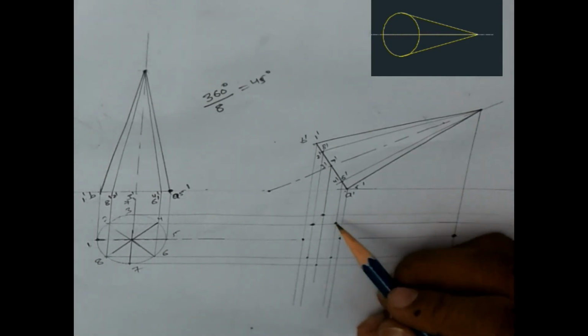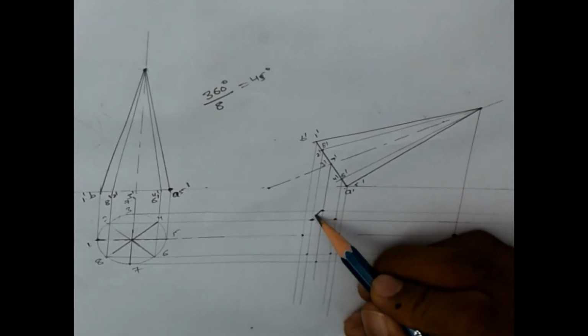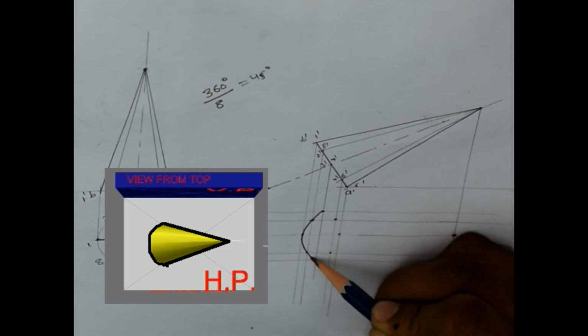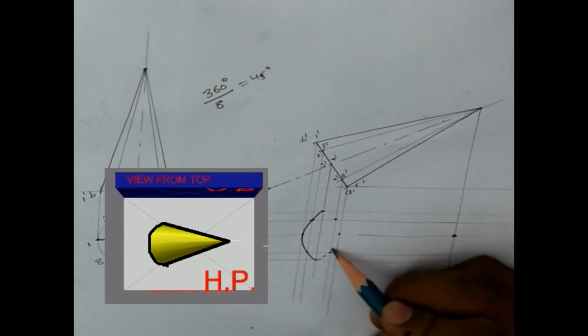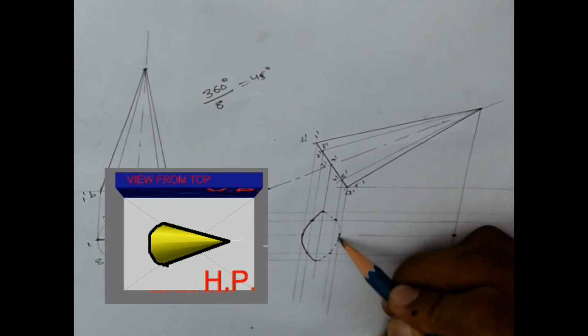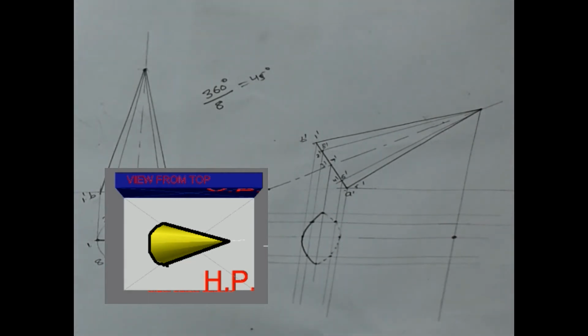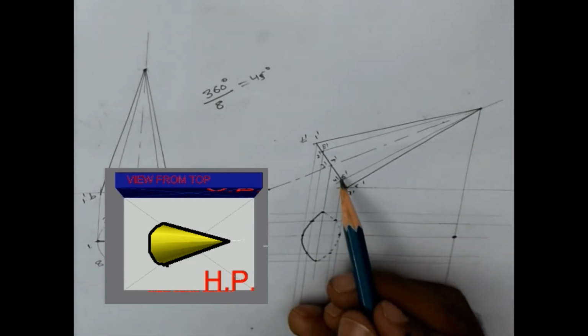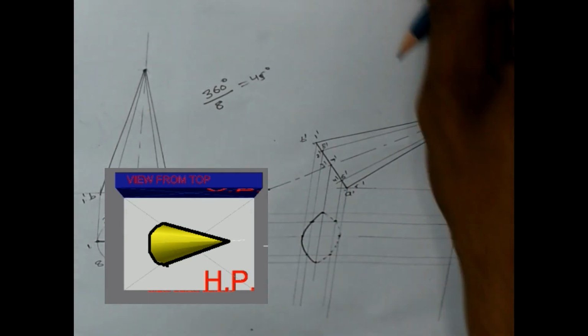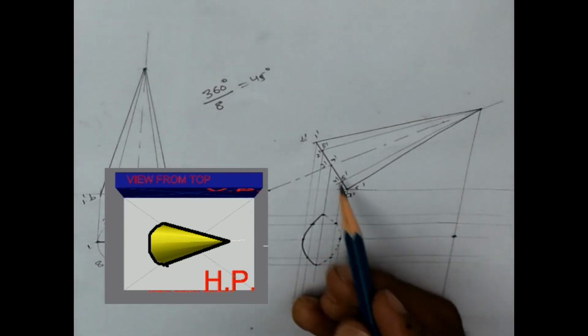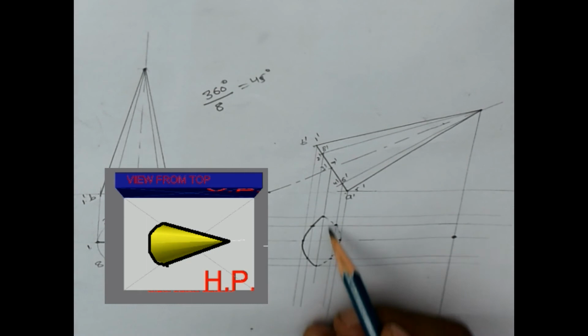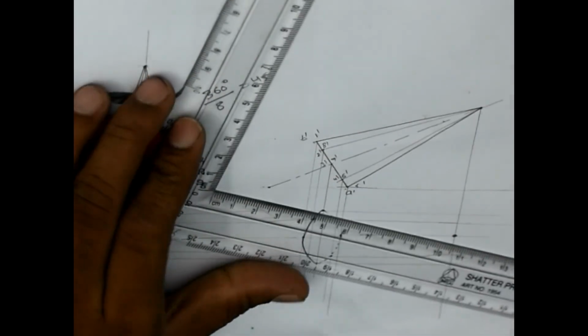Now I have to join this. First see that I will draw this completely, but this portion will appear as dotted lines because this portion is not visible from the top view. That is why here this is in dotted lines.